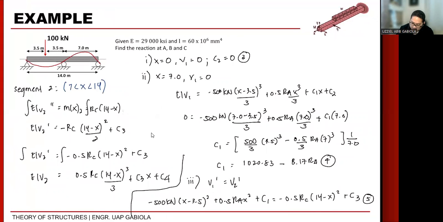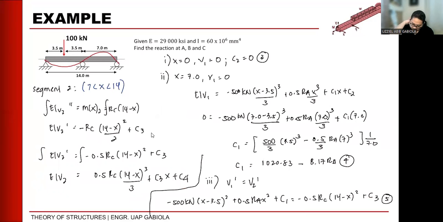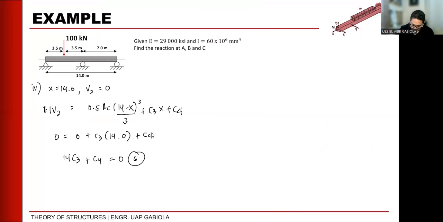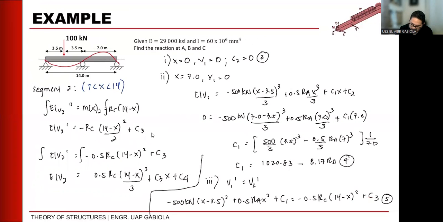So, ilan ang unknowns natin ngayon? We have 6 equations now, and how many are our unknowns? Meron tayong unknown na C4, C3, C2, C1, and then yung unknown natin na A, B, and C. So may isa pa tayong equation na nawawala, no? So ano pang relationship yung pwede nating kunin? Saan pa ba sila pwede?